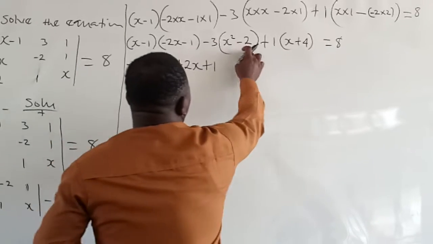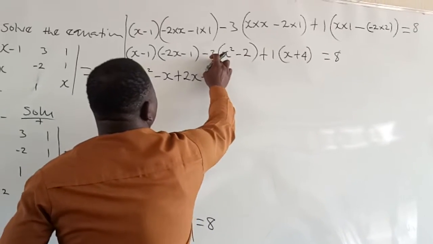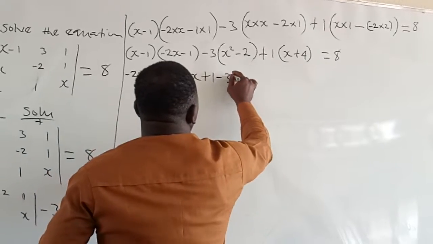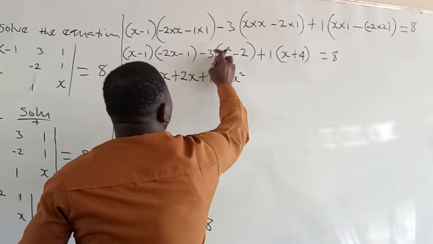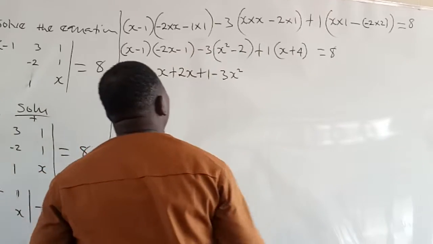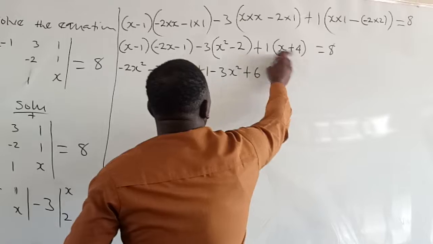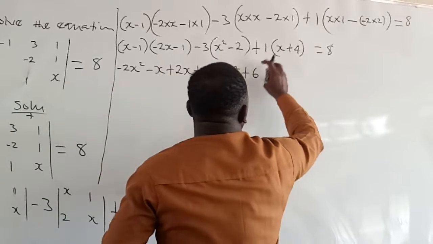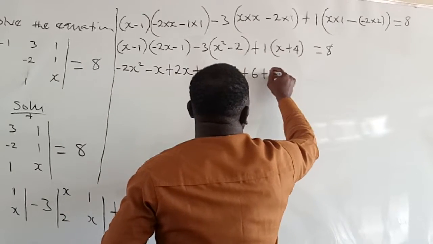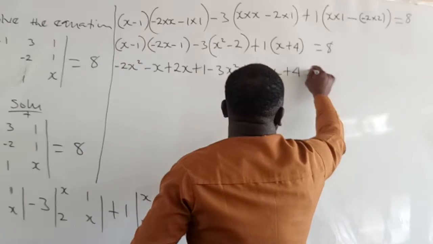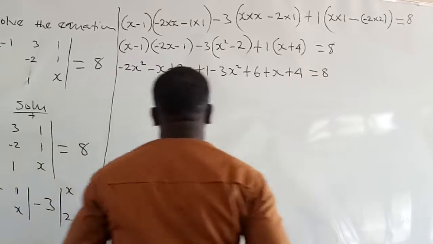Then let us also multiply out this bracket. Minus 3 times x squared will give us minus 3x squared. Then minus 3 times minus 2 will give us plus 6. Then use this 1 to multiply out this bracket. 1 times x will give us x. Then 1 times 4 will give us 4, equals 8.